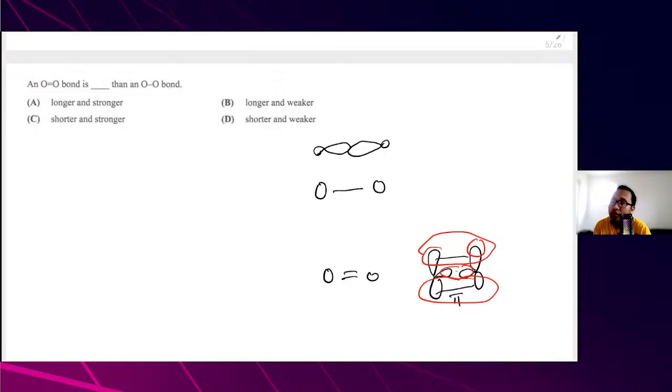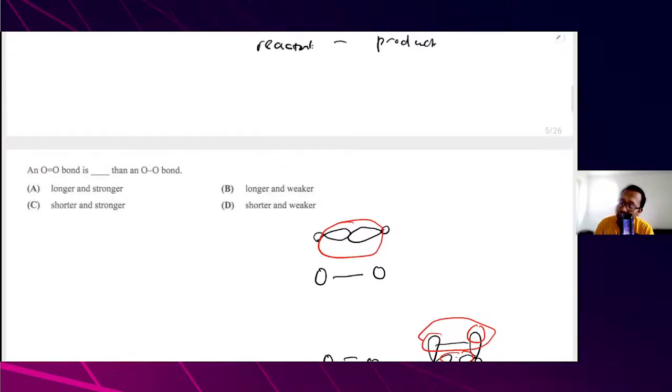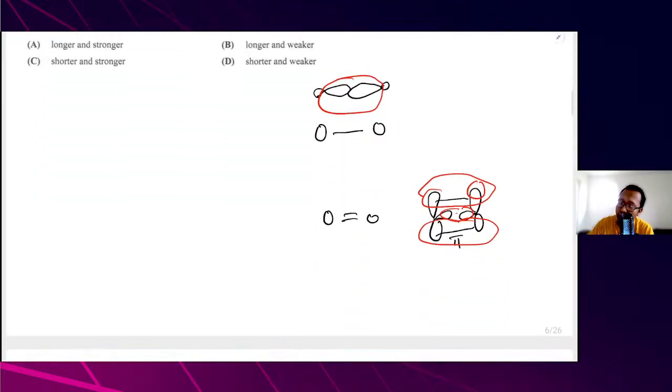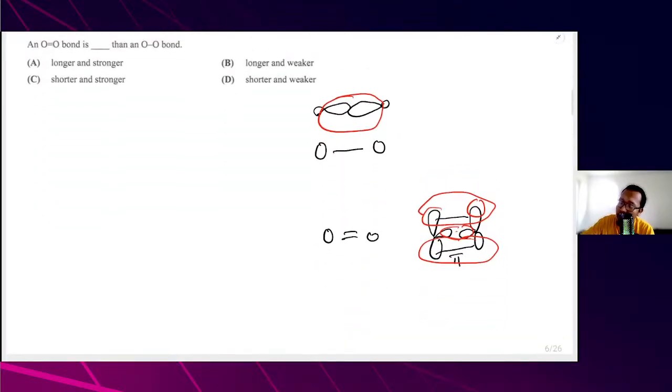For a single bond, it has this overlap. However, with a pi bond we have additional overlap, so it will be stronger. So the double bond is stronger.